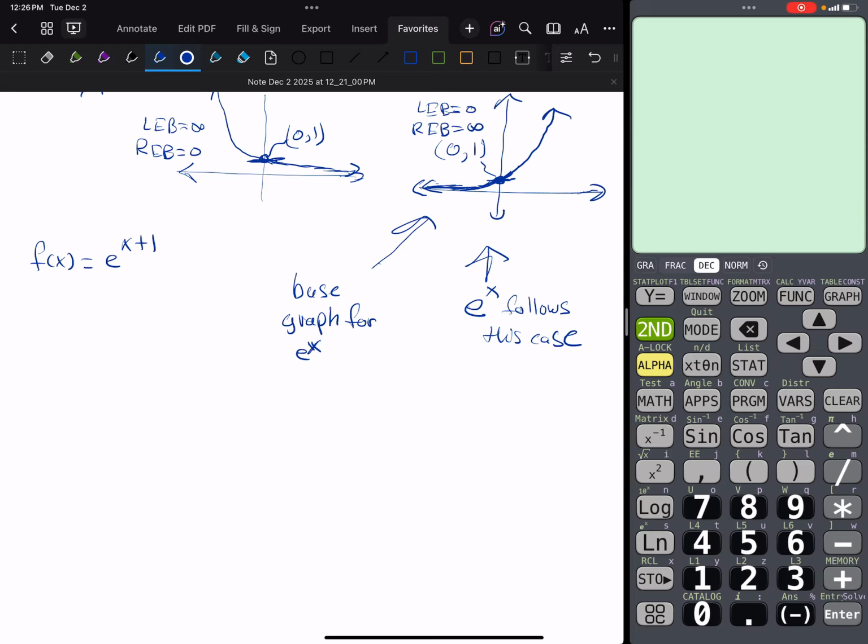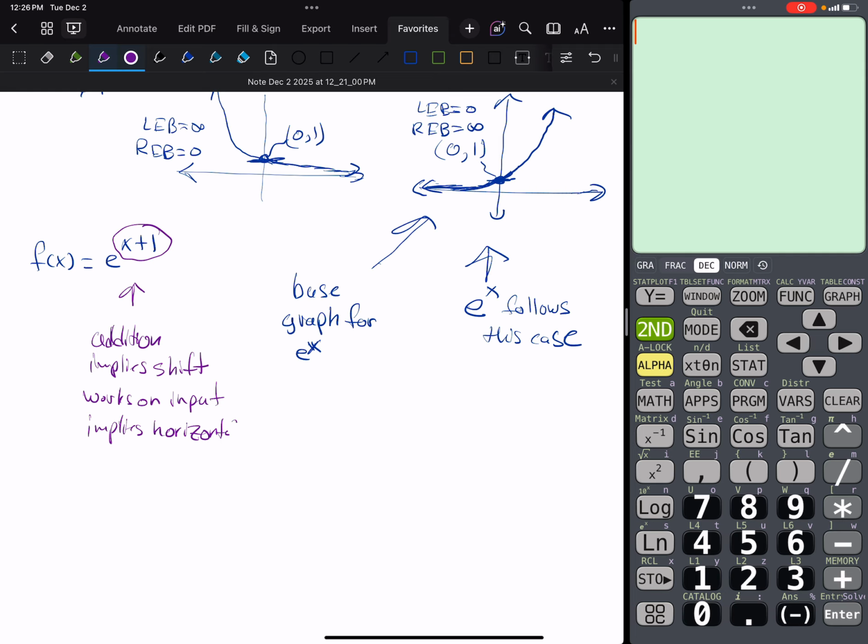And then I just remember that this, because it's adjusting the input, not the output, is a horizontal shift, because it's an addition. So addition implies shift, and it works on input, not output, which implies horizontal.